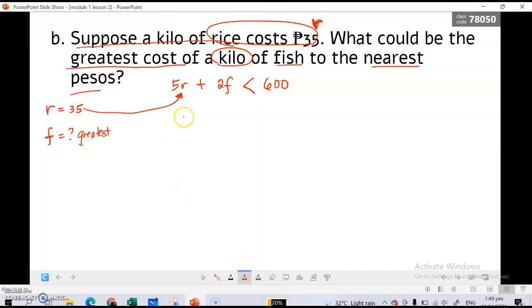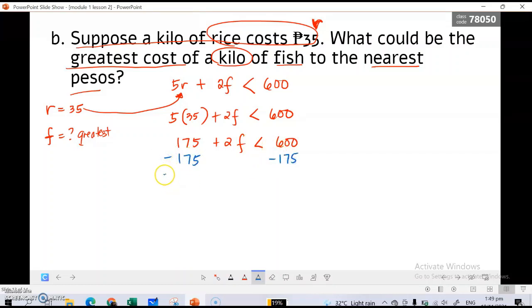Okay, so atin ngayong i-substitute yan. So we have 5 times 35, ayan, plus 2F is less than 600. 5 times 35, that's 175. Plus 2F is less than 600. We are now going to apply addition property of equality. We are going to add the opposite of 175 to both sides of our inequality.